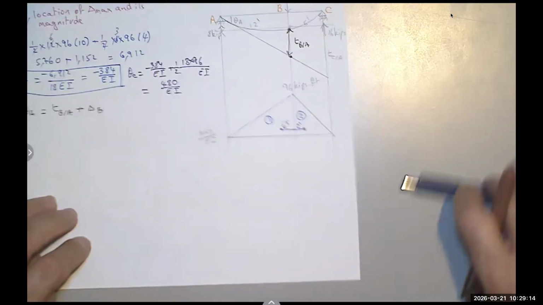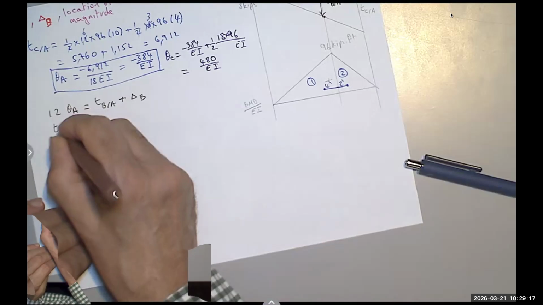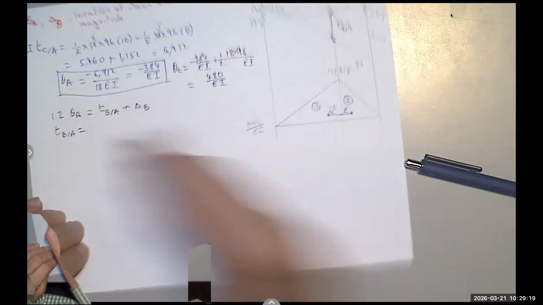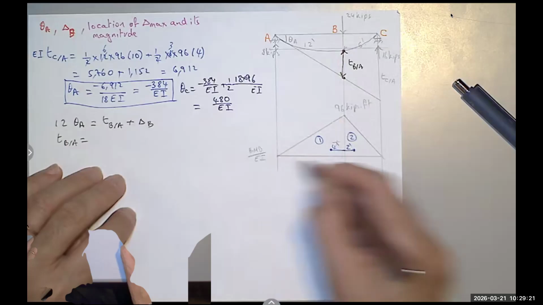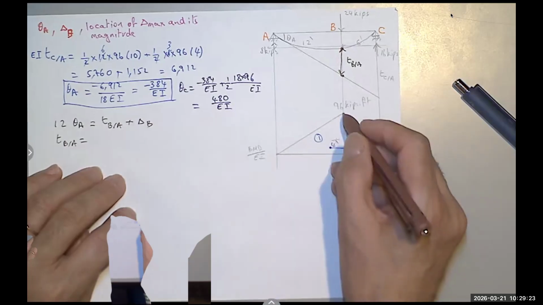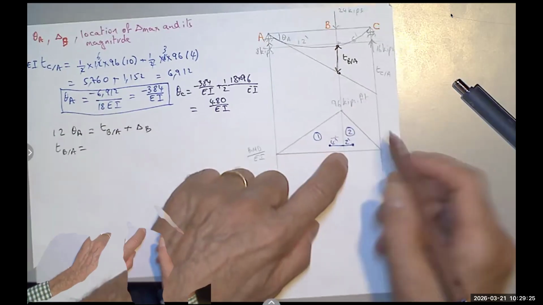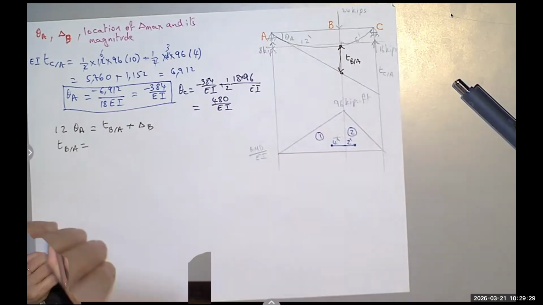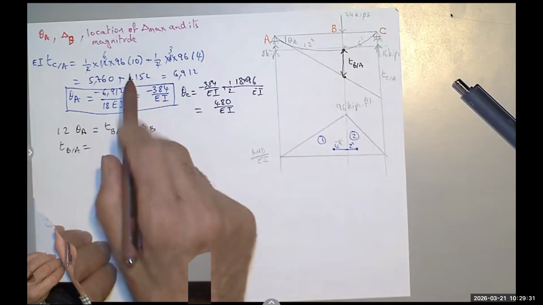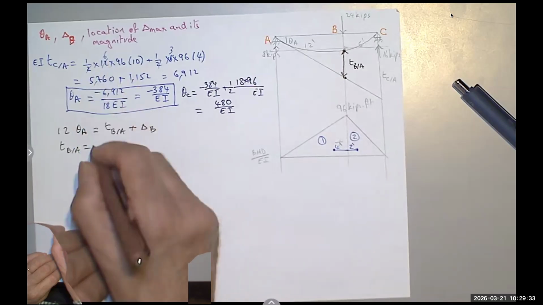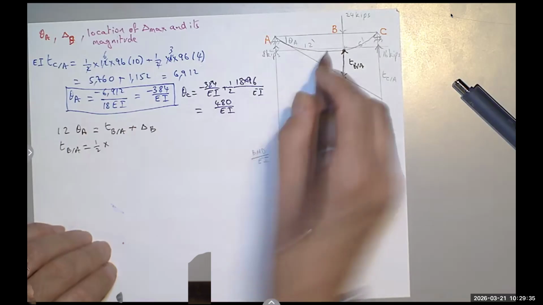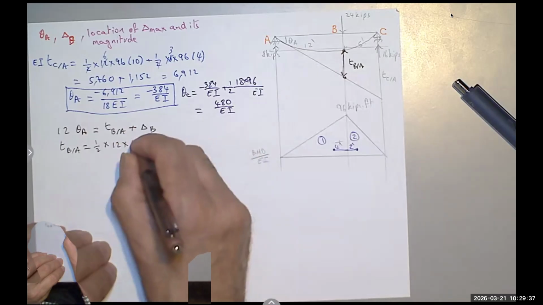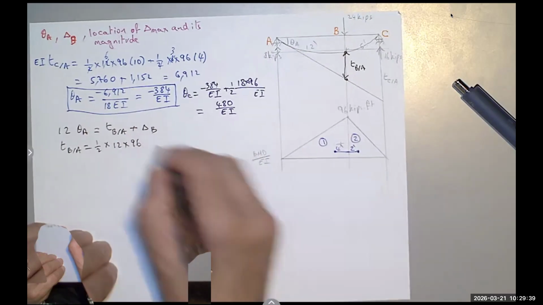So what is TB with respect to A? I'm going to take the moment only of the left-hand side about B. We already noticed that this is 1/2 times 12 times 96 times 4, not 10.